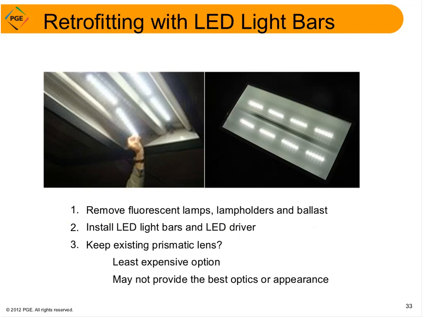A driver is similar to a fluorescent ballast, and it's necessary to convert the AC power to DC and also operate the LEDs properly. This is the least expensive LED troffer upgrade option, say around $70 to $80, which is often cheaper than LED T8s. You can simply keep the existing lens, but keep in mind this may not provide the best optics or appearance, as is illustrated by these pictures.